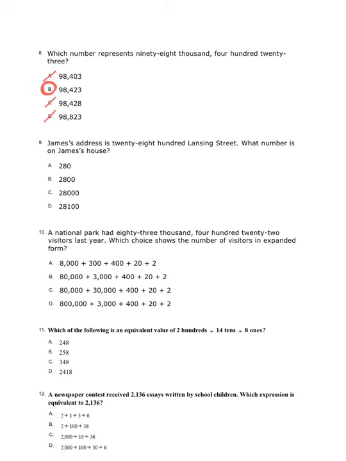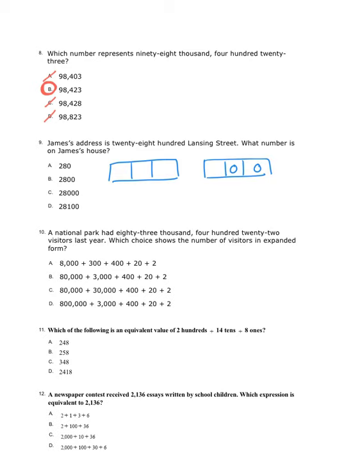Looking at number 9, James's address is 2800 Lansing Street. What number is James's house? So let's look at our place value chart. We have 0 ones and 0 tens.